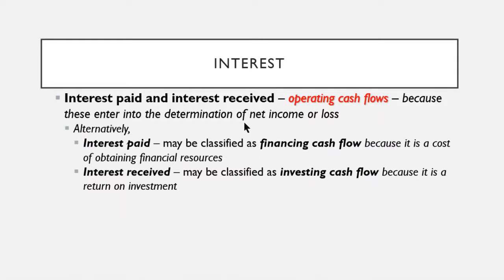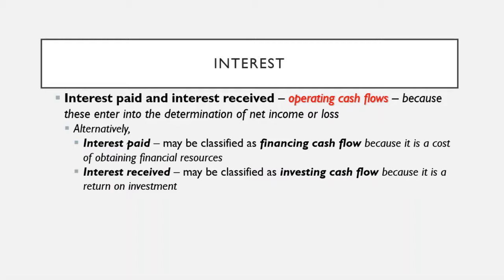But alternatively, another option would be the interest paid may be classified as financing cash flow, not an operating cash flow because it is a cost in obtaining financial sources.